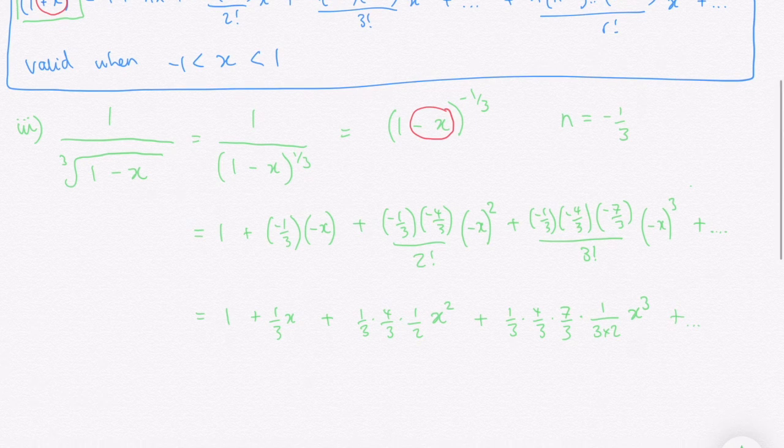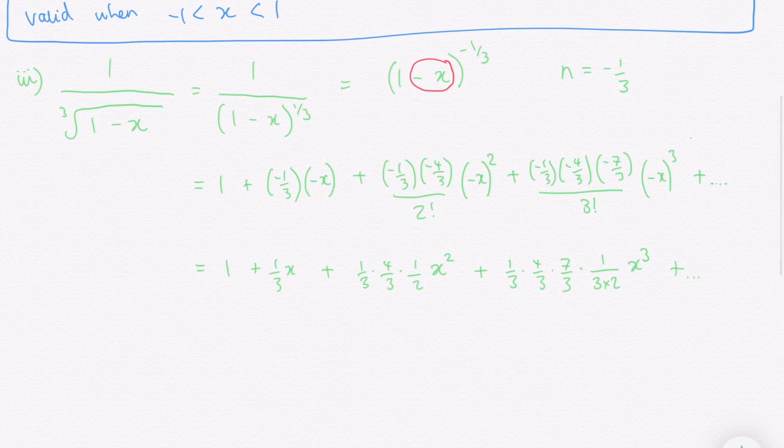Well, cancelling some factors, what do we get here? Well, we get 1 plus a third x. Here we have a factor of 2 that cancels. So this is going to be plus 2 over 9x squared. And then here we have a factor of 2 that cancels.